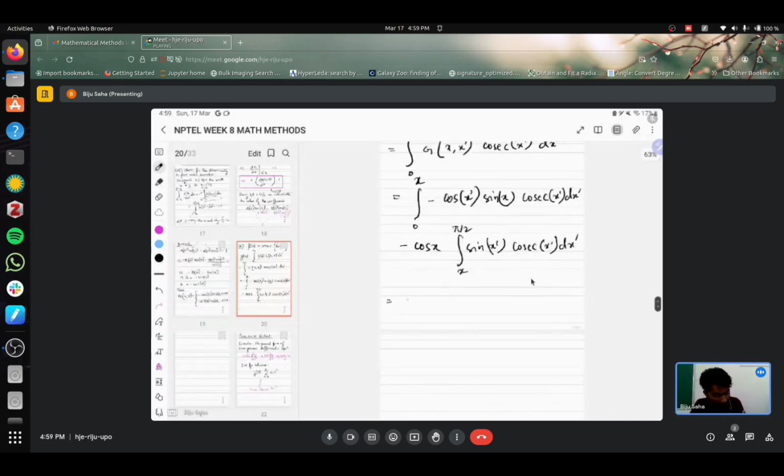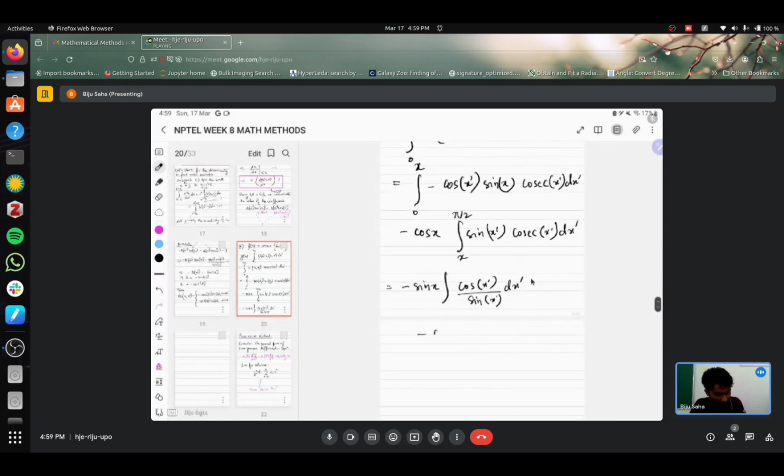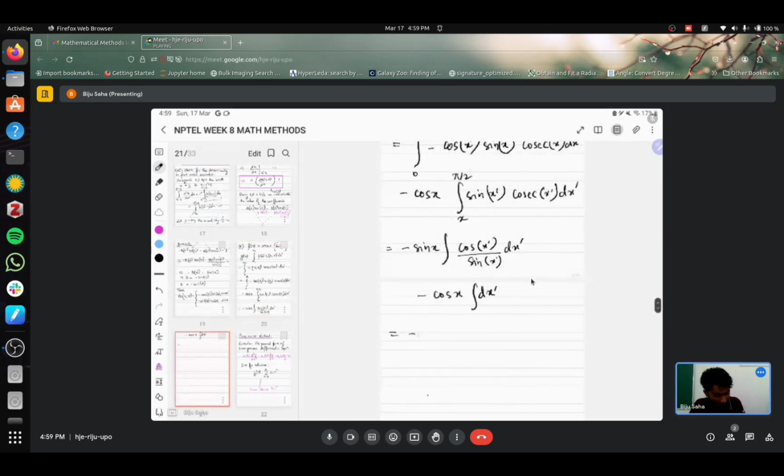Basically what we have is an integration which is between sin x and cos x prime of sin x prime dx prime, and the other integration is cos x dx prime. So on doing this integration, what we obtain is sin x. Suppose I consider sin x prime as t, then we obtain this format, and then here it is just x of cos x.